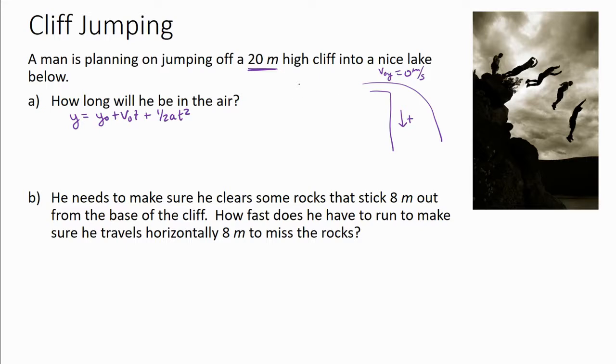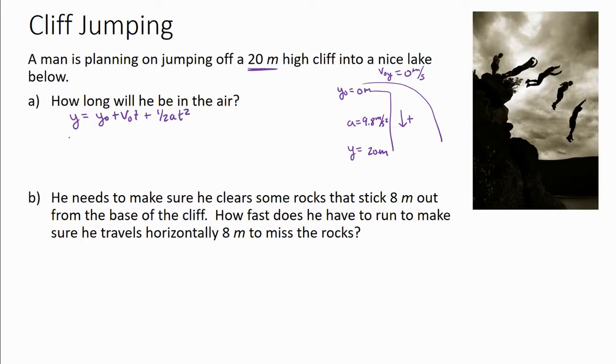So if I make a list of all the things that I know, I know he starts up here, and I'm going to call that 0 meters. He ends down here, I'm going to call that 20 meters. I know that in between the acceleration is positive 9.8, because down is positive. And I know that v naught y is equal to 0.